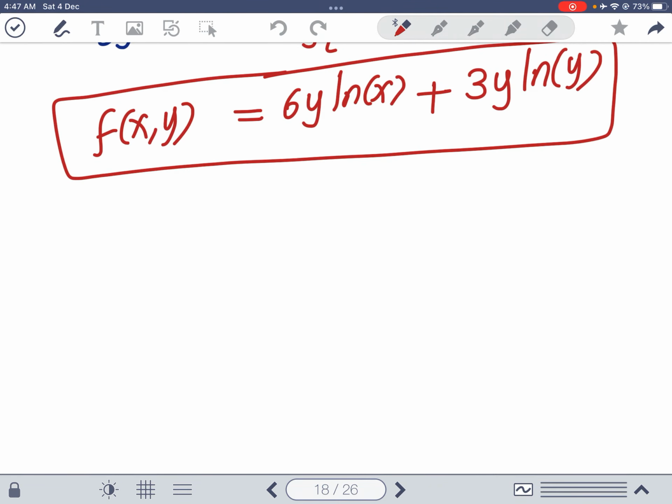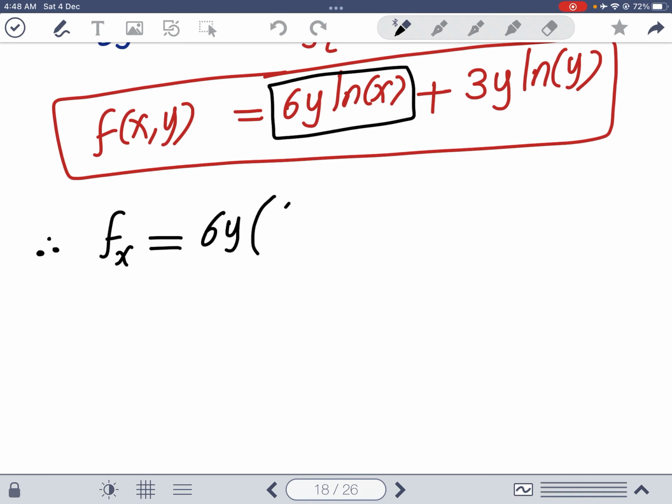We can start with it now and do the partial derivatives. Therefore, first let's start with the partial with respect to x. So you consider y as a constant now and take the derivative with respect to x. So here, 6y ln x, it's 6y, and the derivative of ln x is 1 over x.